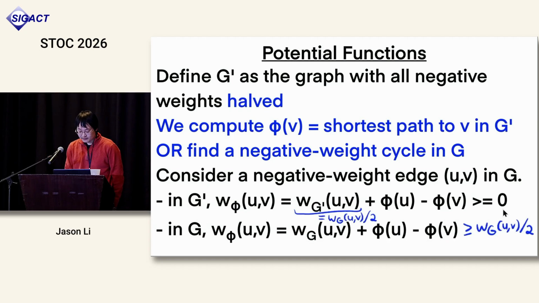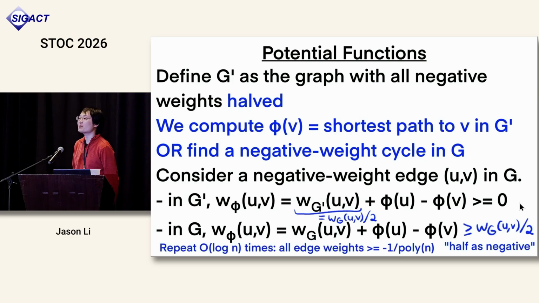In the initial graph, the point is that it halves in weight. So in other words, it's half as negative by these inequalities. So what does that mean? That means that you can just iterate this process some log n times, get all the weights to maybe minus 1 over poly n, after which you can just round and pretend they were 0.